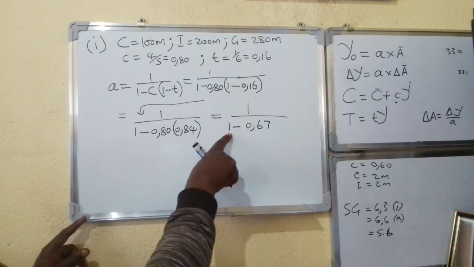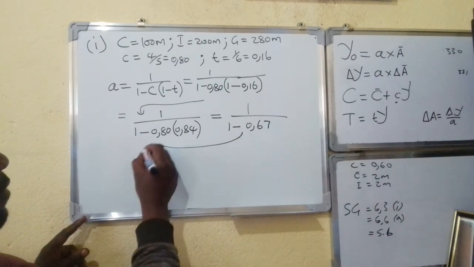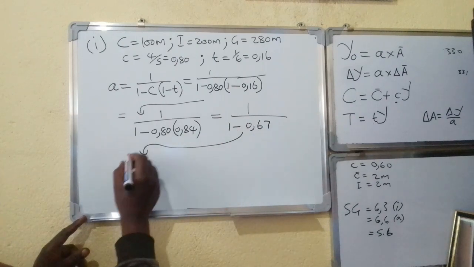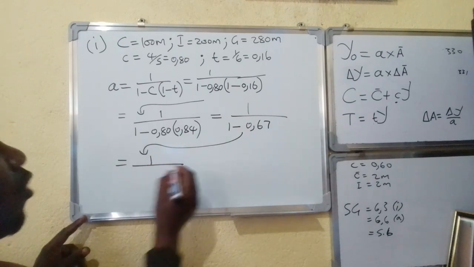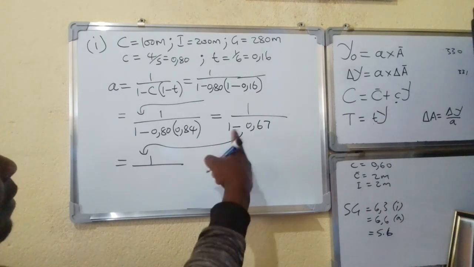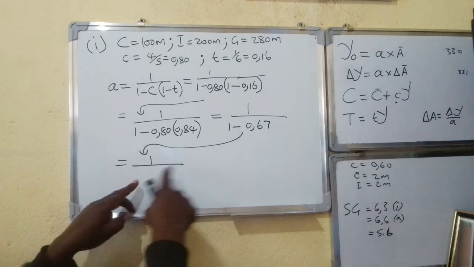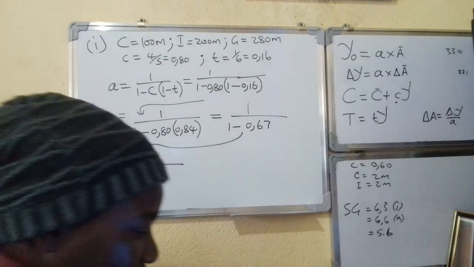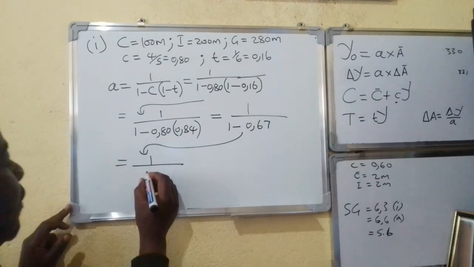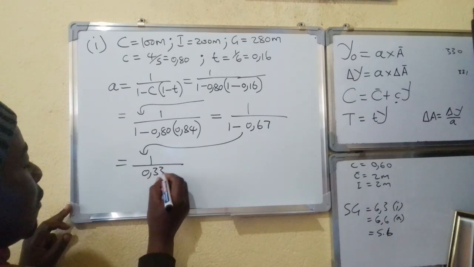Now the maths is easy. Underneath you are left with 1 minus that thing. Again, the 1 on top is the last thing to use. So what's the answer here? 1 minus 0.67 is 0.33.